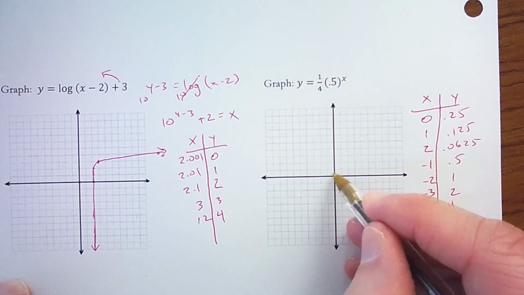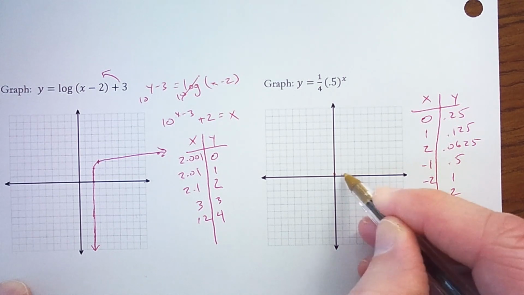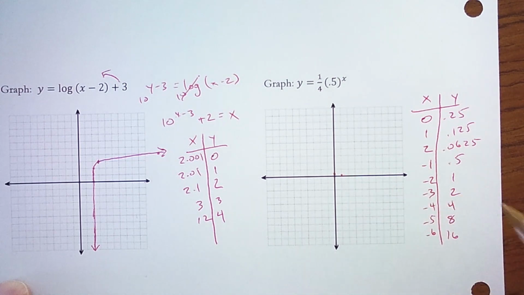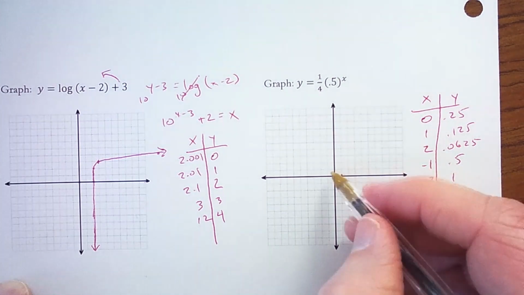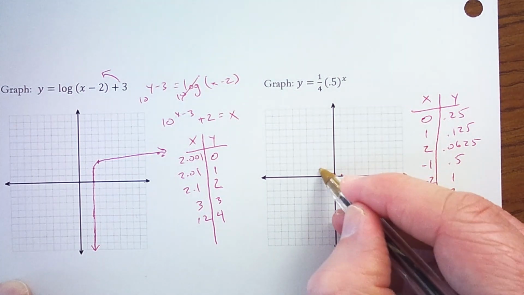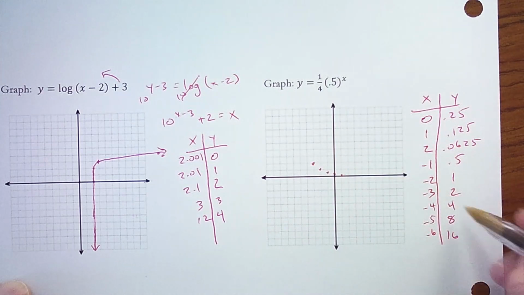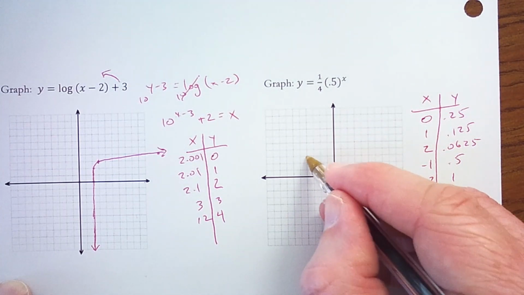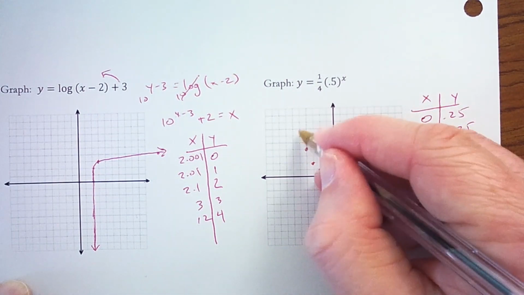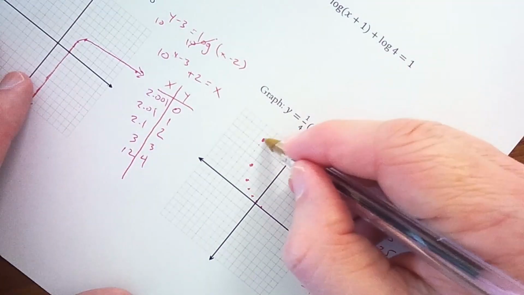So we have (0, 0.25), (1, 0.125). On this side, it's going to just be hovering just above y equals 0. Then (negative 1, 0.5), (negative 2, 1), (negative 3, 2), (negative 4, 4), (negative 5, 8), and then it goes pretty well off the graph.